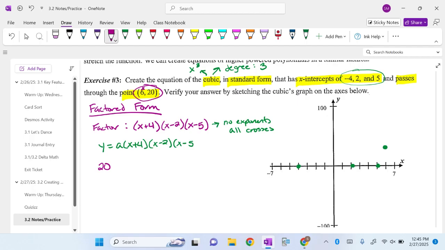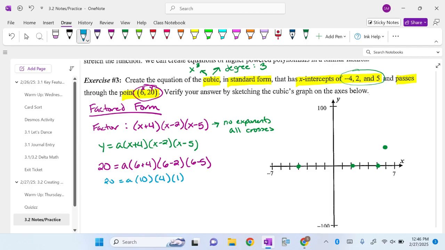Right. So 6 is my x value, 20 is my y value. So 20 equals a times 6 plus 4 times 6 minus 2 times 6 minus 5. All right, so do some simplifying here. So this would be 20 is equal to a times 10 times 4 times 1.